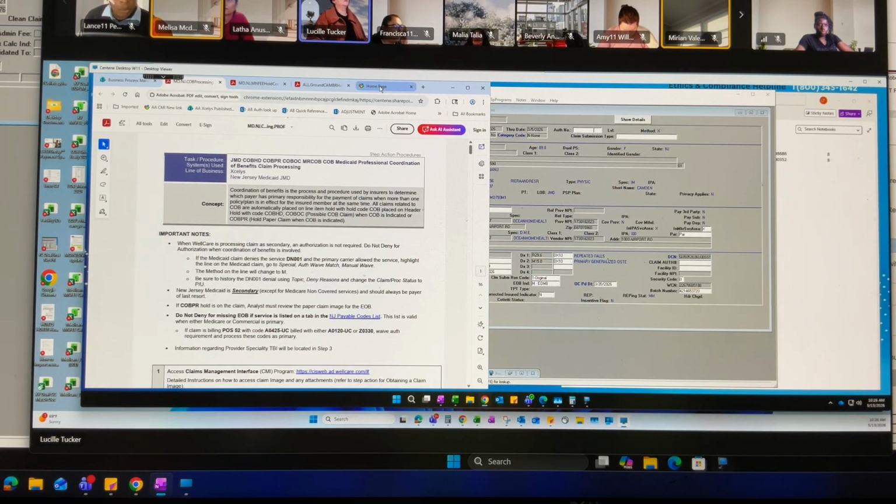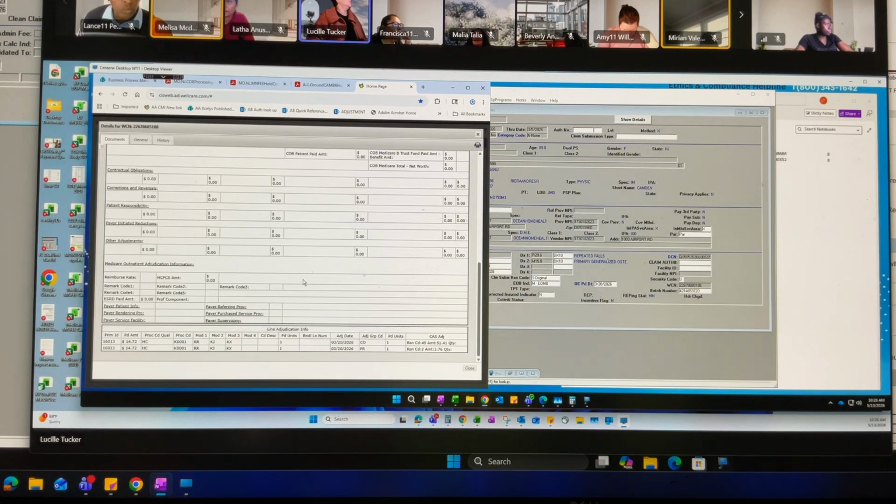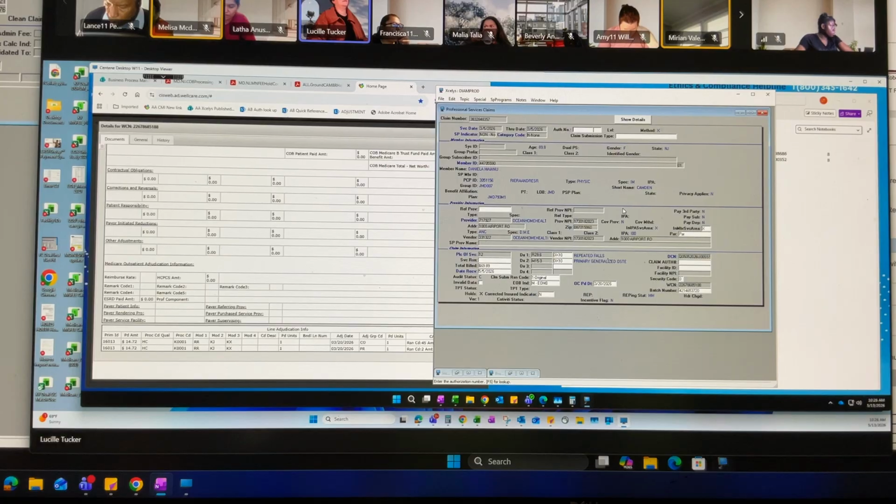Okay, so it does tell us to go ahead and enter our auth waive match if we are paying secondary. So that's why I'm looking at my image first. We are going to be paying secondary because Medicare made a payment. Now the bot partially worked this claim and put in the Medicare OC allowed and all of that, but the bot did not waive the auth.